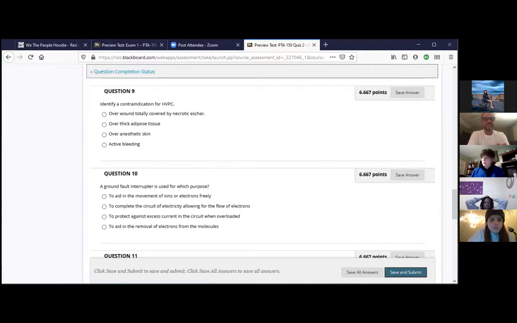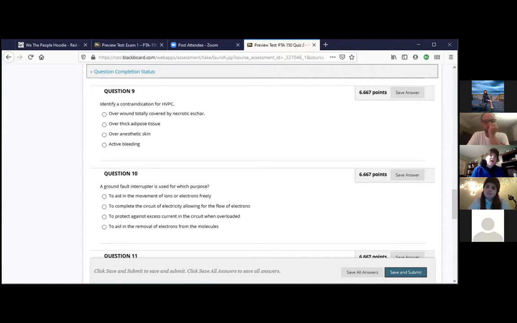All right. Contraindication for high volt. It says high volt, but it's really going to apply to all of them. This really should not be a bunch of different lists you have to remember. It's consistent across the board for pretty much all these electrical modalities. Contraindication would be active bleeding. Active bleeding. That's right.